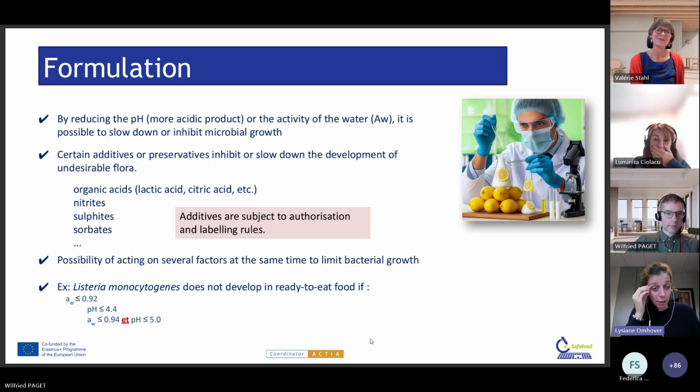For example, for Listeria monocytogenes, this pathogenic bacterium is not able to develop in the product if the water activity is below 0.92, or if pH is below 4.5, or a combination of these two factors: water activity below 0.94 and pH below 5. In these three conditions, Listeria cannot grow in the product.